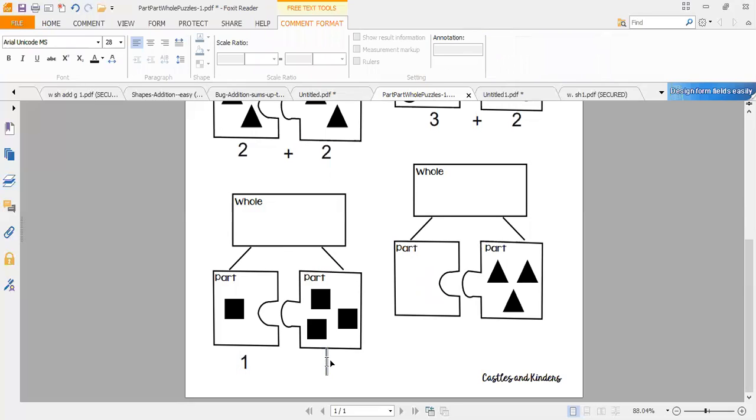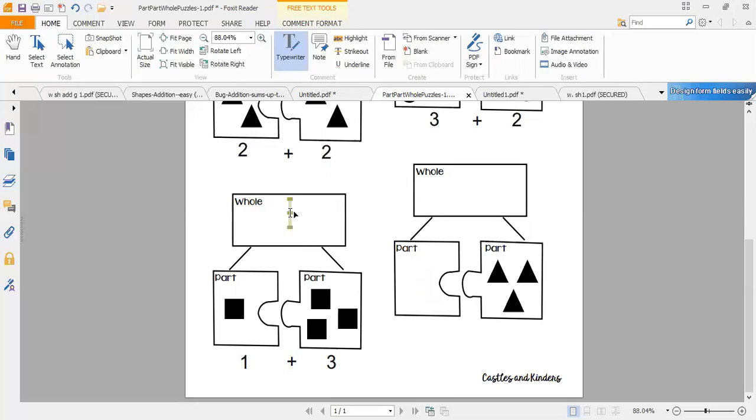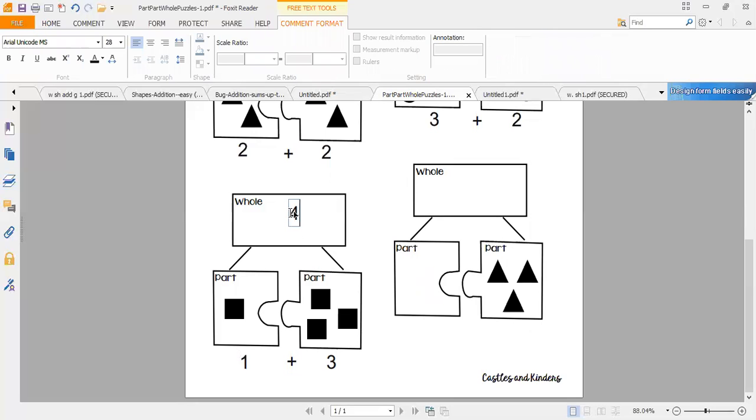In the second part we have 3 squares. So between them, a plus sign. The 2 parts always have a plus sign between them. What is the whole? The whole will be the result of this addition sentence. 1 plus 3 equal 4.